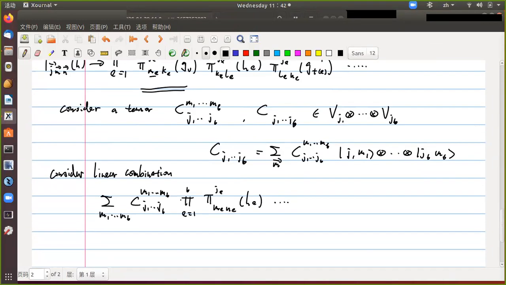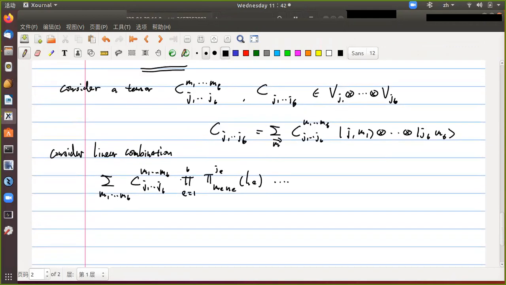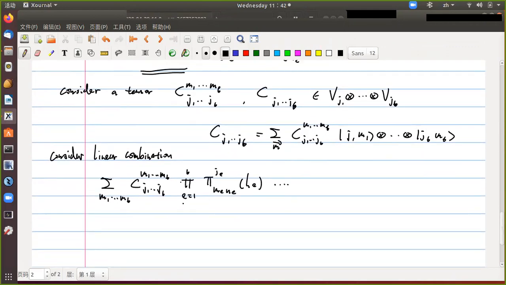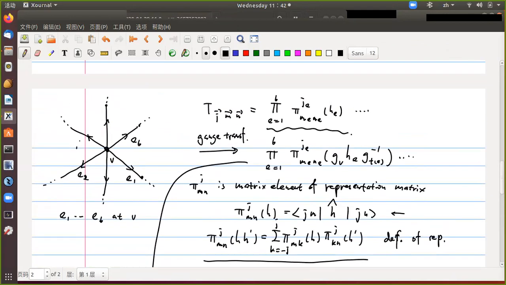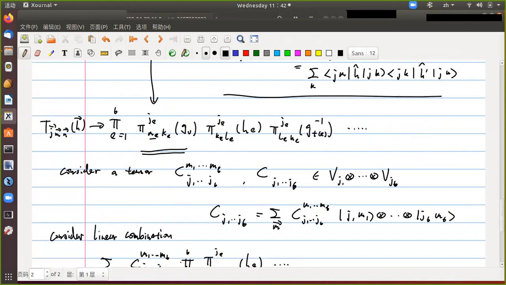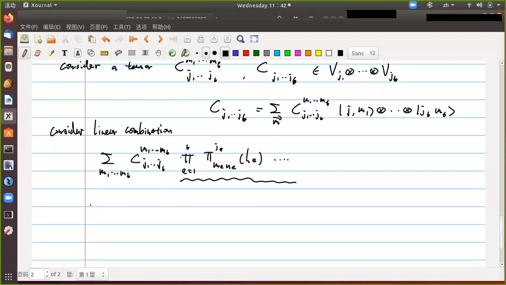This is the linear combination of our previous bases, and this is just our previous basis t. What I'm doing is just making a linear combination of previous states.